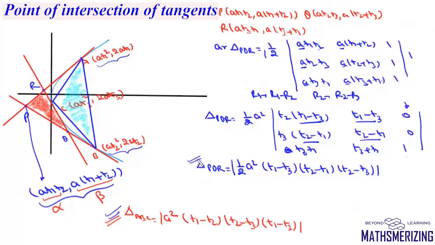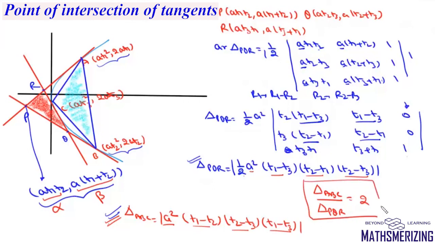Now we need to find the ratio of the areas of triangle ABC upon triangle PQR. So the first result is a square times (t1 minus t2)(t2 minus t3)(t3 minus t1), and here it is a square by 2 times (t1 minus t3)(t2 minus t1)(t2 minus t3). So a square, t1 minus t3, t2 minus t1 and t2 minus t3 will cancel. So we'll get this result as simply 2.